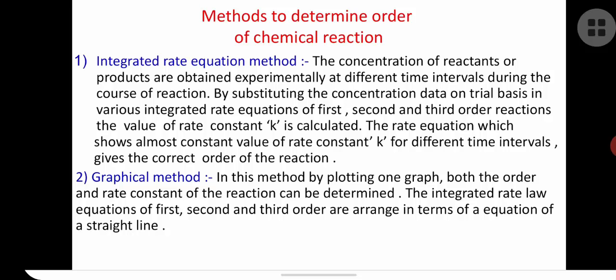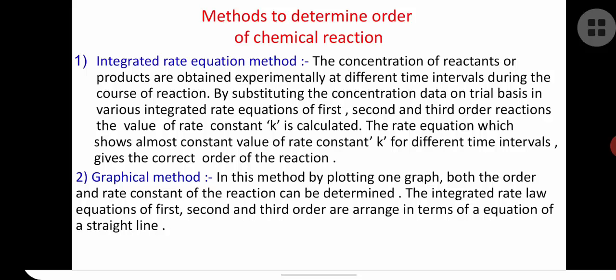The rate equation which shows almost constant value of rate constant K for different time intervals gives the correct order of the reaction. It is the first method to determine the order of chemical reaction.